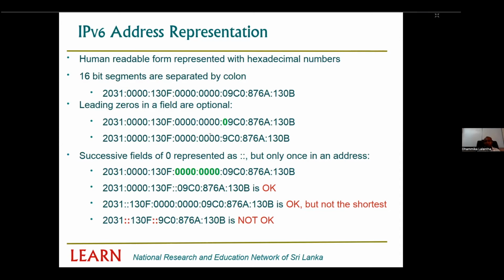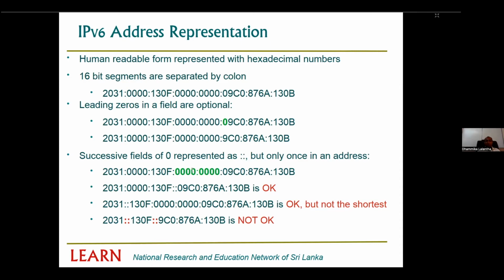If all of the successive fields are zero, we can represent them as a double colon. So we apply a different rule for the second, fourth and fifth segments.